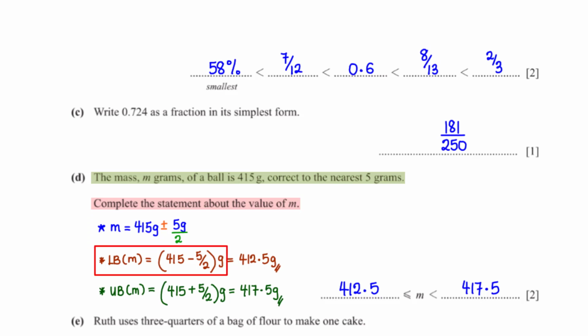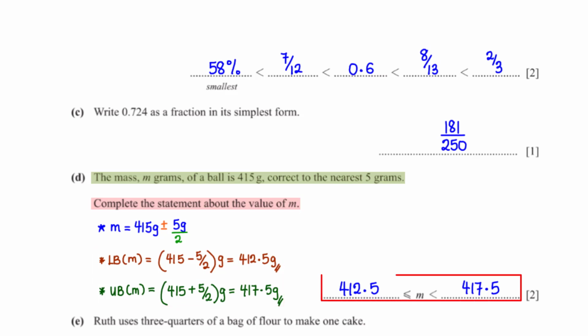The lower bound of m is 415 minus 5 over 2 grams, which is equal to 412.5 grams. The upper bound of m is 415 plus 5 over 2 grams, which is equal to 417.5 grams. So we have m is greater than or equal to 412.5 and less than 417.5.